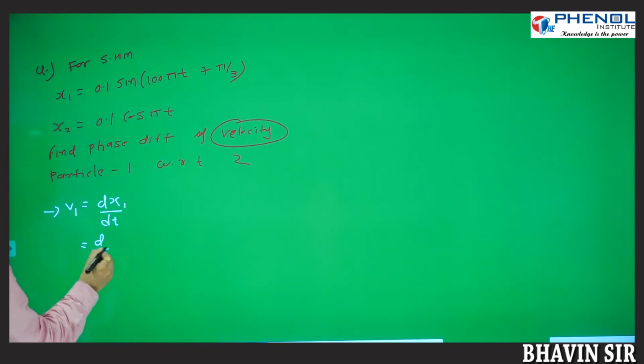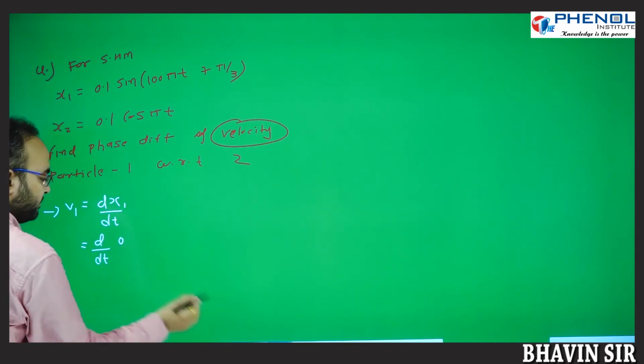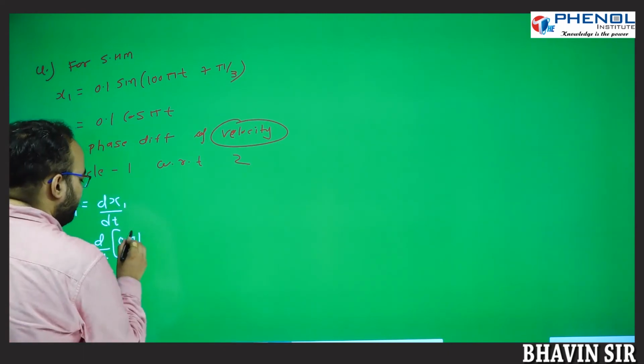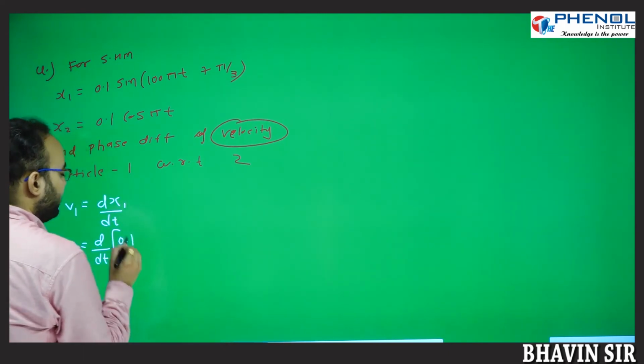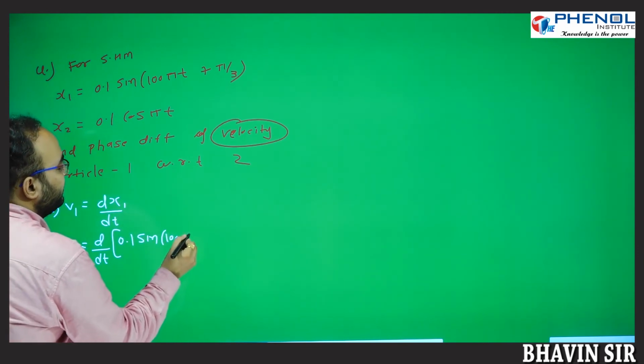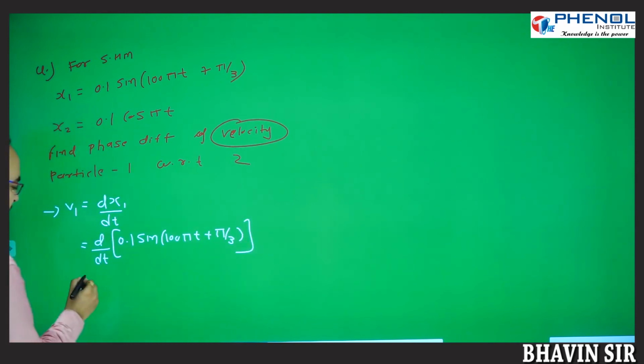So what is x1? x1 is 0.1 sine (100 pi t plus pi by 3).